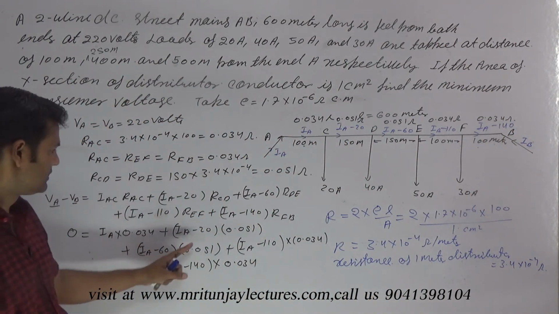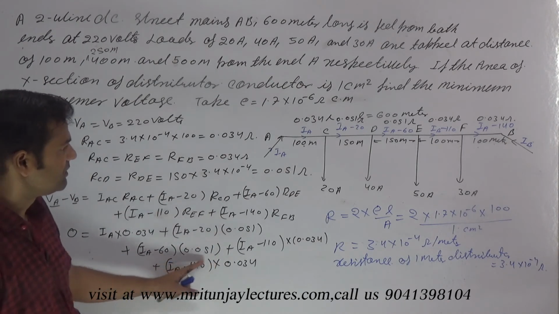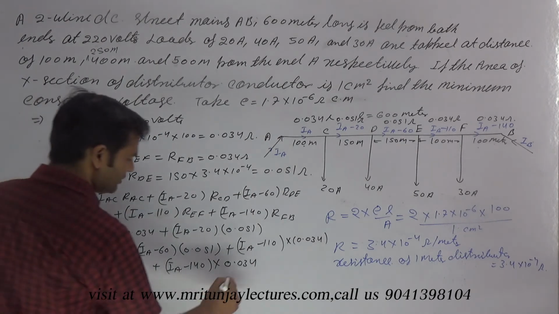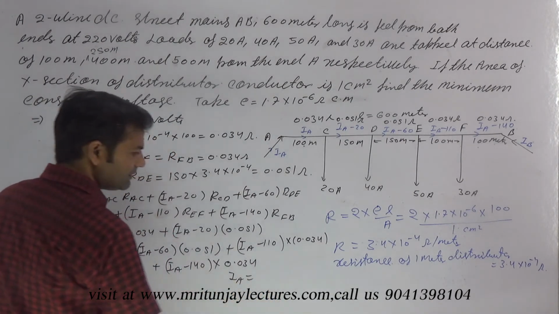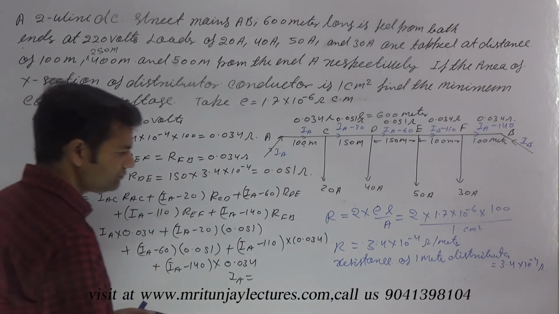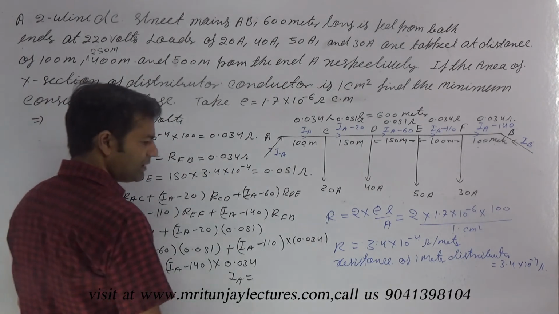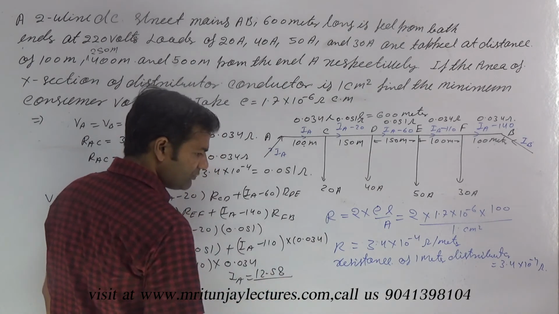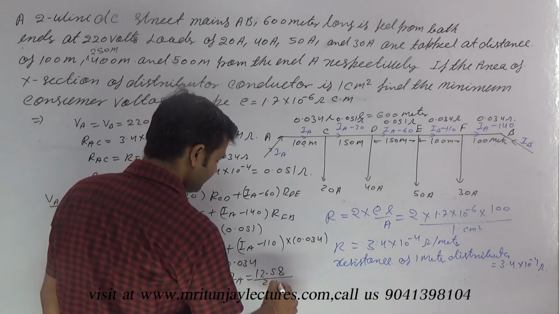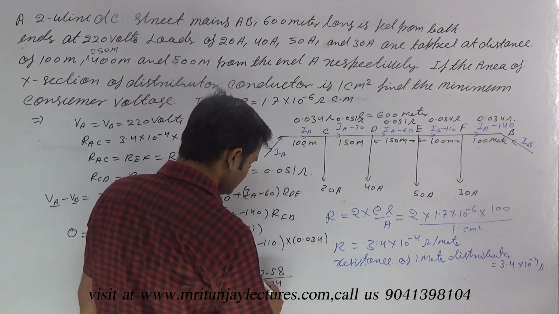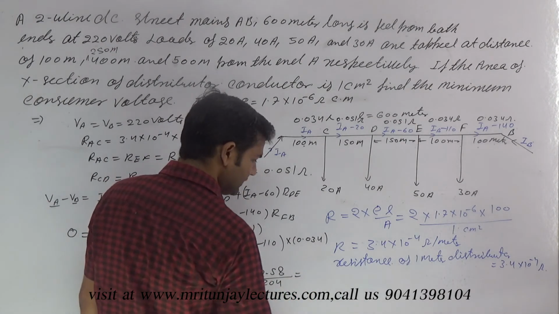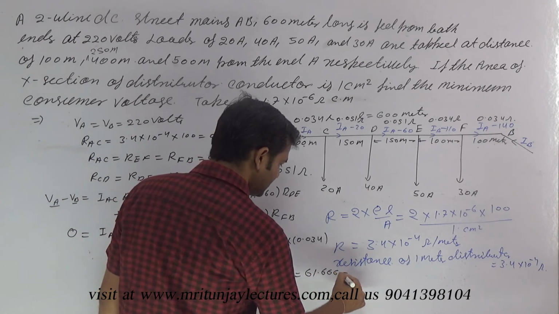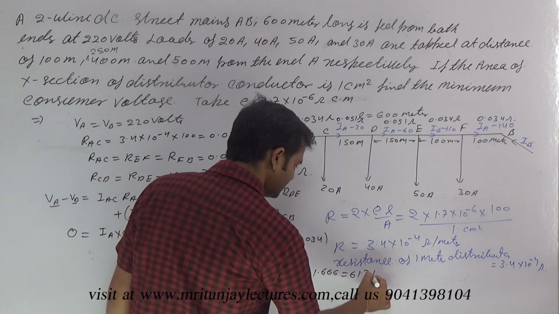So into IA, this one, this one, this one, and this one, this is equal to 0. So what about IA? If we multiply by this one, that is 12.58 divided by 0.204, and we get 61.666, or you can say 61.7 ampere.